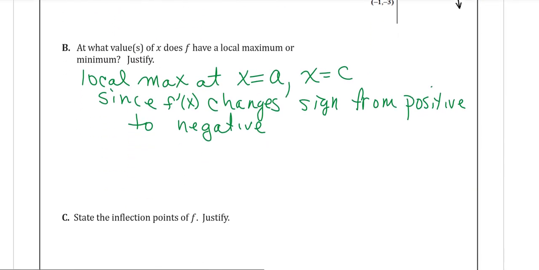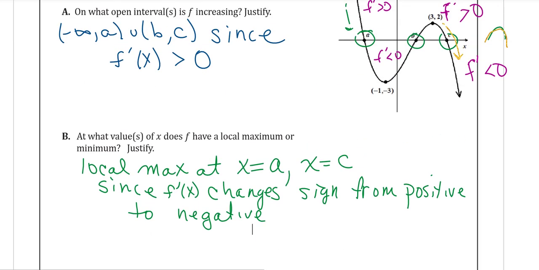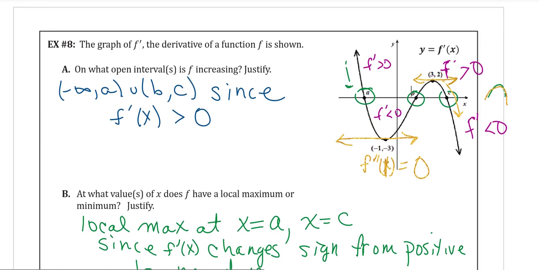And then state any inflection points, justify. So looking at the graph, there are 2 inflection points. They are going to be the zeros of the derivative. So we have a 0 here. So this is going to be f double prime of x equals 0. Actually, I can put a 1 in there because we know the value. And also right here, f double prime of 3 also equals 0.